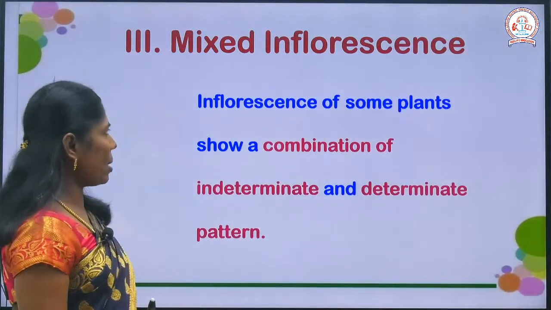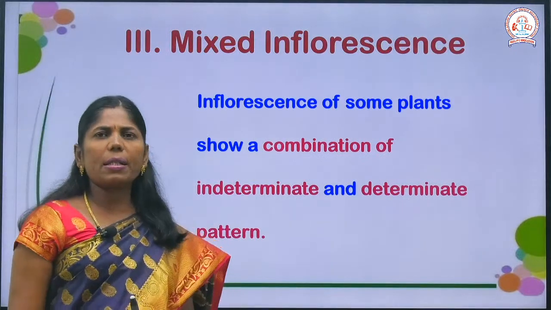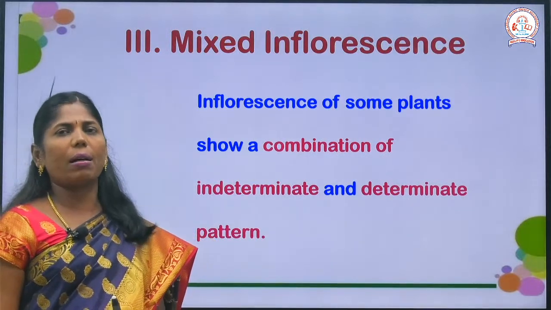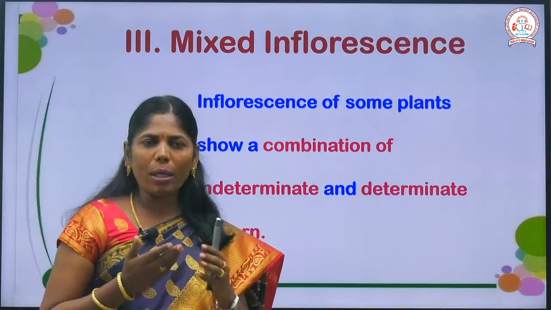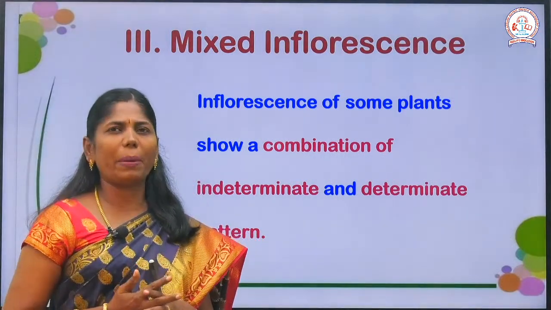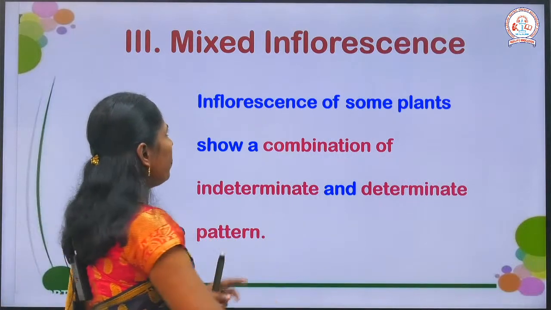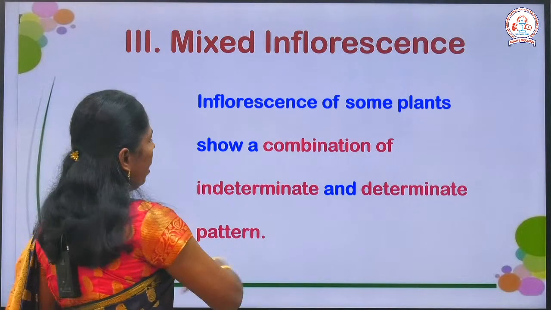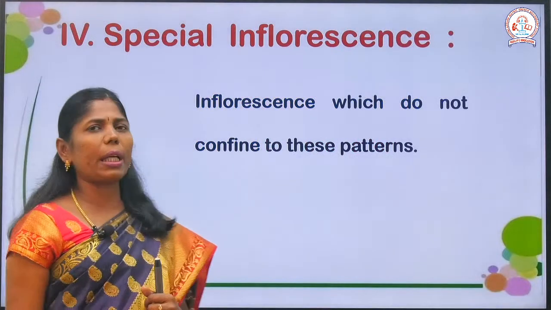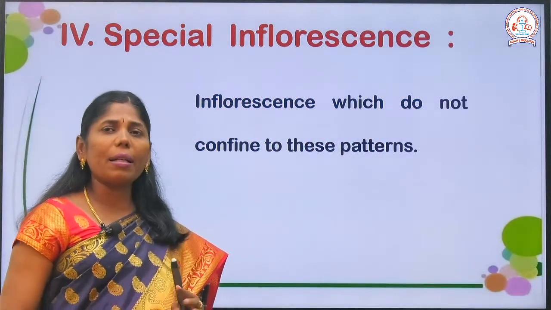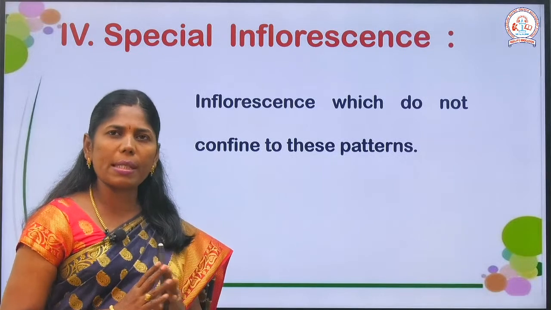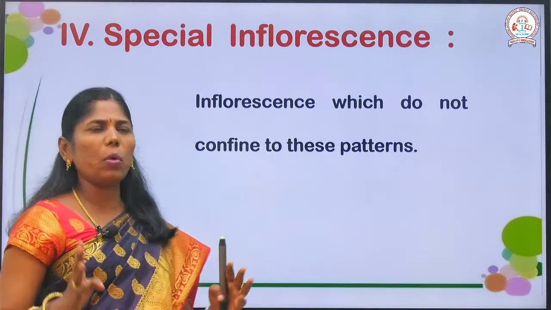Then mixed inflorescence means two types of inflorescence are mixed together. On one branch we can see the Cymose manner, on another branch the Racemose manner. That is your mixed inflorescence. And we also studied special types of inflorescence, which belong neither to the Racemose nor to the Cymose manner.